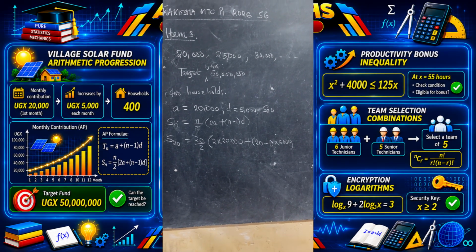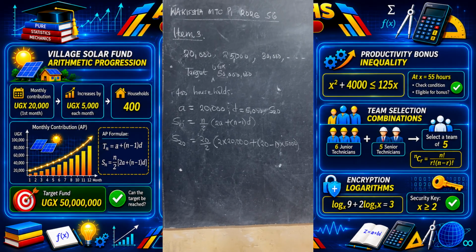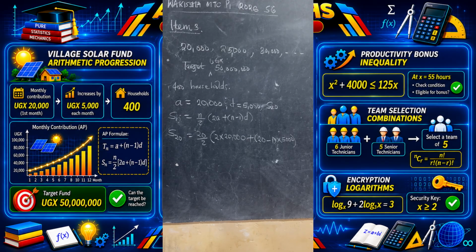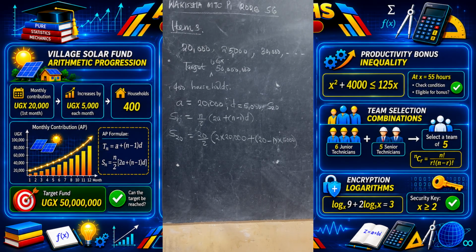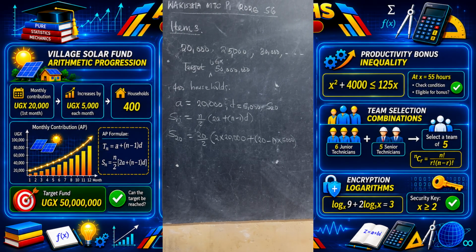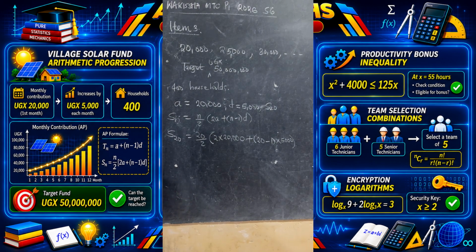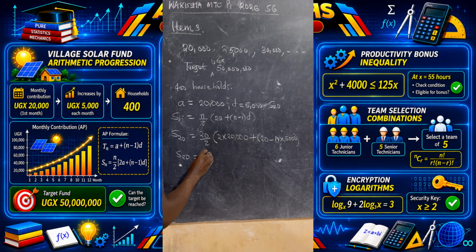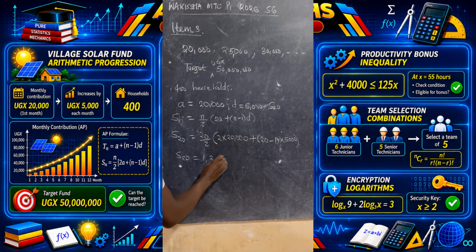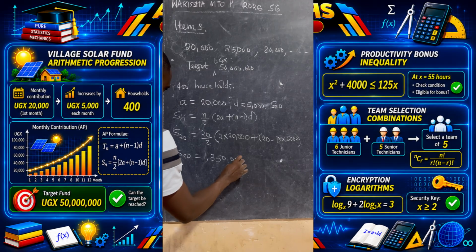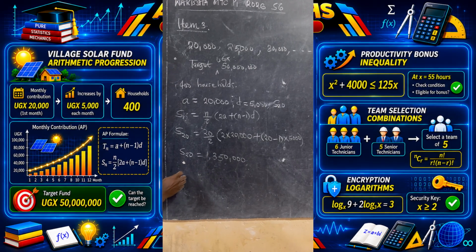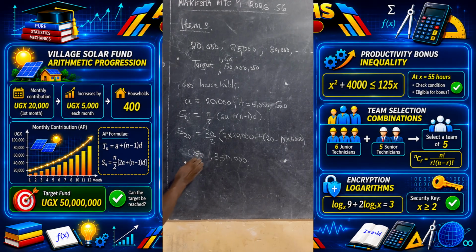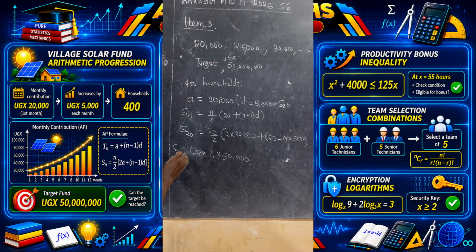From my calculator, I'll have 10 into 2 times 2 exponent 4, then plus 19 times 5 exponent 3, which will give the sum after 20 months as 1,350,000 Ugandan shillings. This is for a single individual.